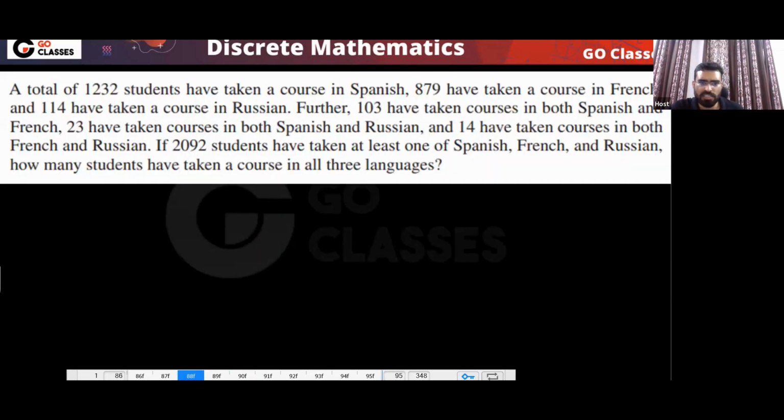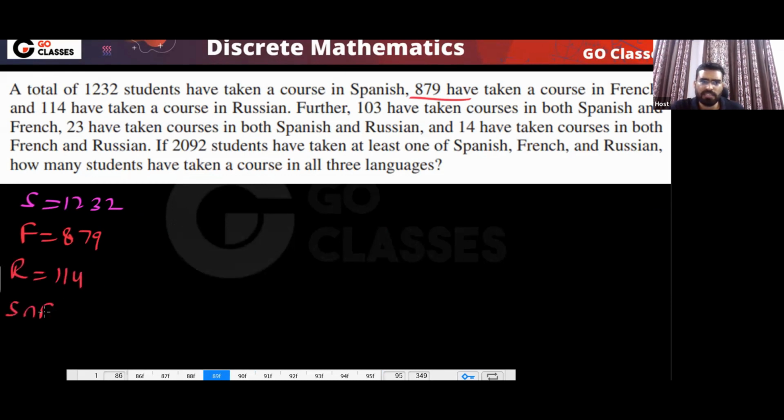This is a question for 3 sets. A total of this many students have taken a course in Spanish, 1232. French is taken by this many, and Russian by this many.